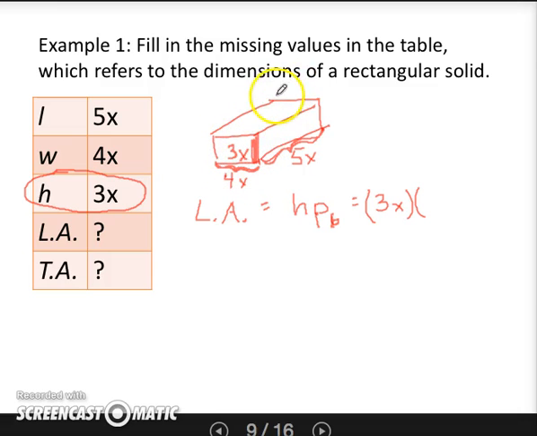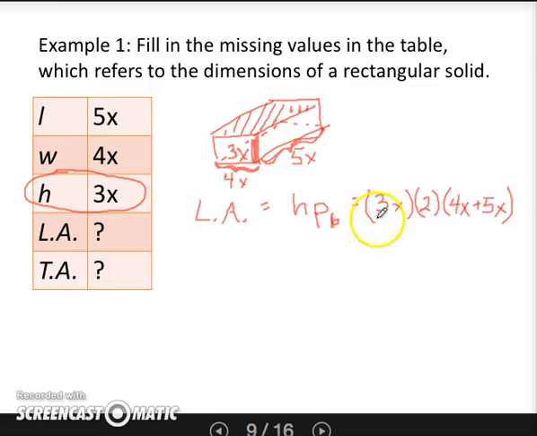Excuse me, I confused myself there. Since we're calling the height 3x, we're considering the bases to be the top and bottom of this rectangle. So the base measures 4x by 5x. So the perimeter becomes 2 times 4x plus 5x.